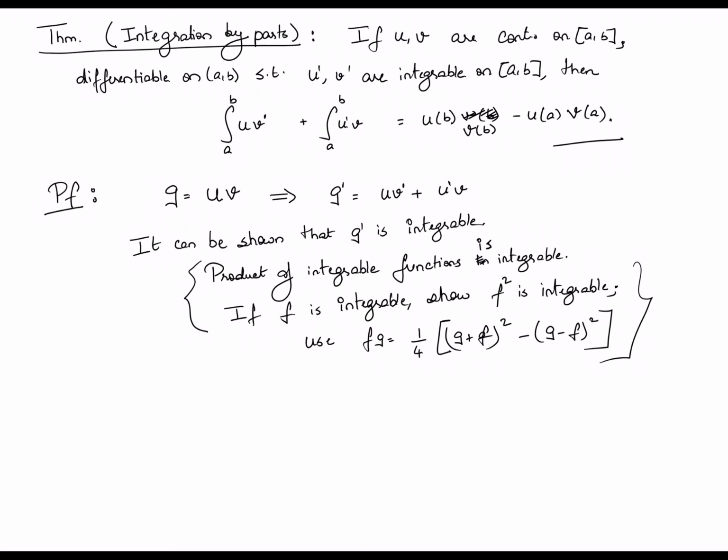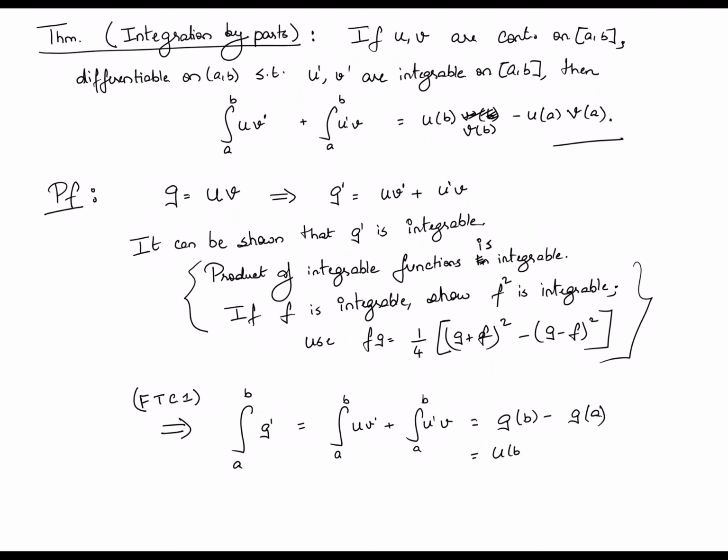And once g prime is integrable, then you can just apply your FTC, because by FTC One, the integral of g prime from a to b, which is in fact the integral of u v prime plus the integral of u prime v, must in fact be g of b minus g of a, right, which is u of b times v of b minus u of a times v of a.